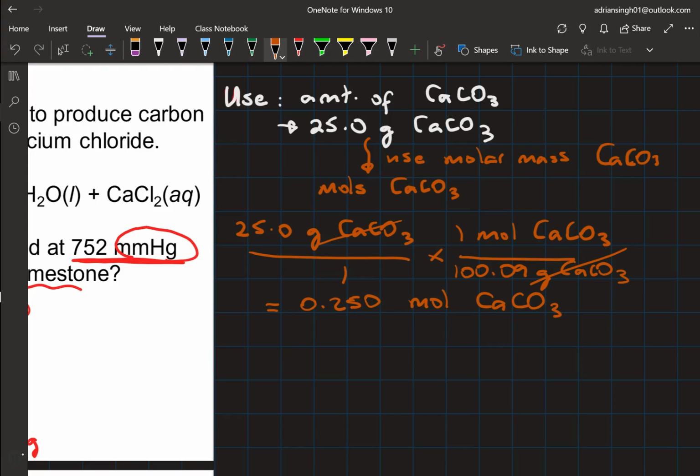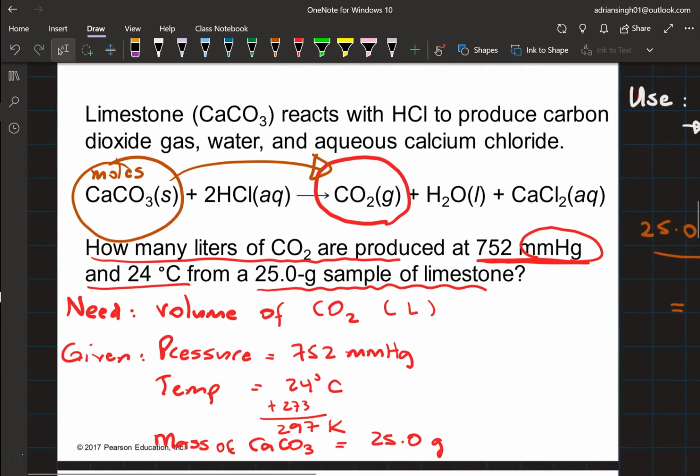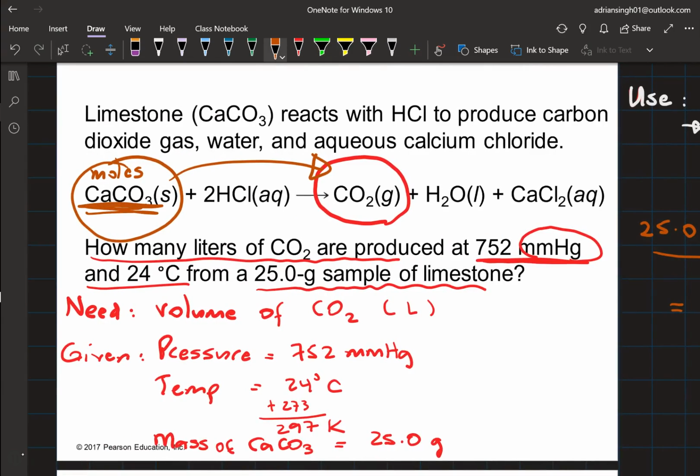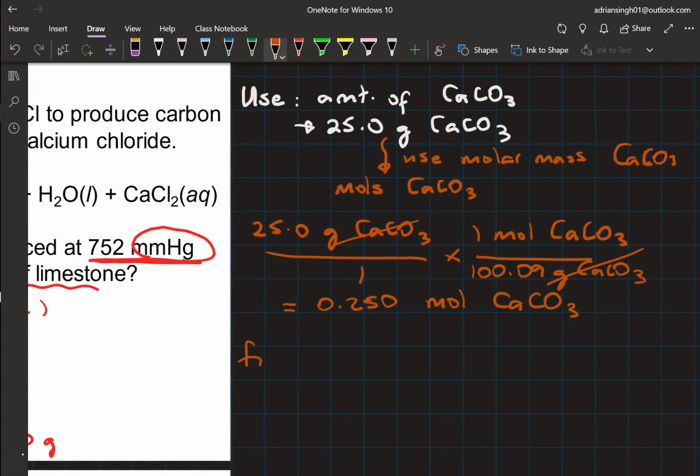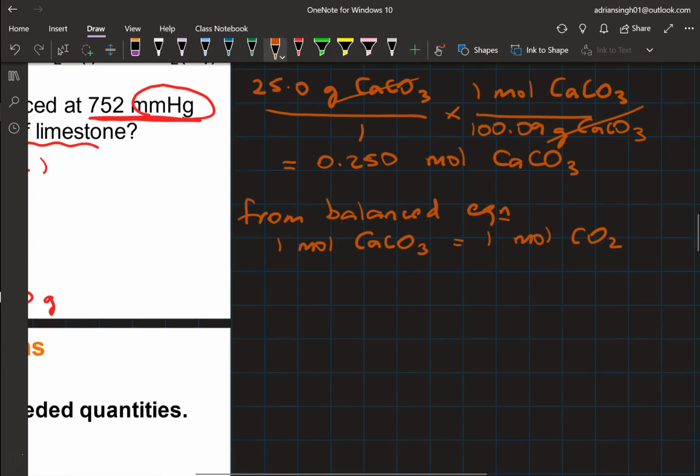Now, once we get to moles of calcium carbonate, we can use the mole to mole ratio from that balanced equation. The balanced equation tells us that 1 mole of calcium carbonate produces 1 mole of carbon dioxide. So I can use that equality as a conversion factor.